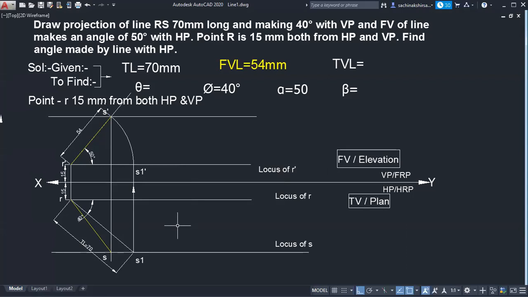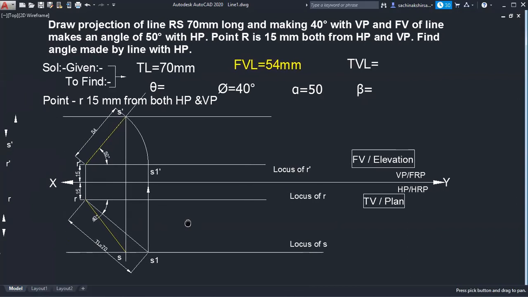Yellow color, this is my projection. Actually it should be a thick line, and the remaining construction should be by faint lines. For your information, whatever arrow we have drawn from S dash to S, that arrow I will also draw here, so that you will come to know from where we got this.